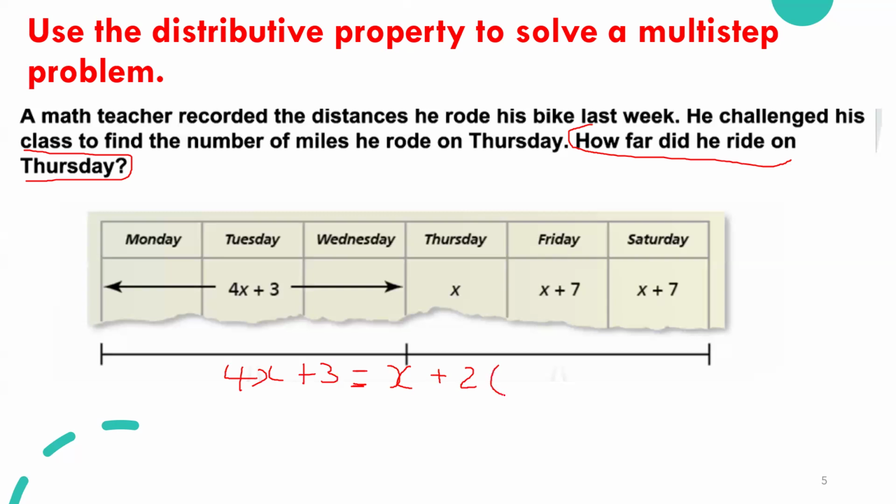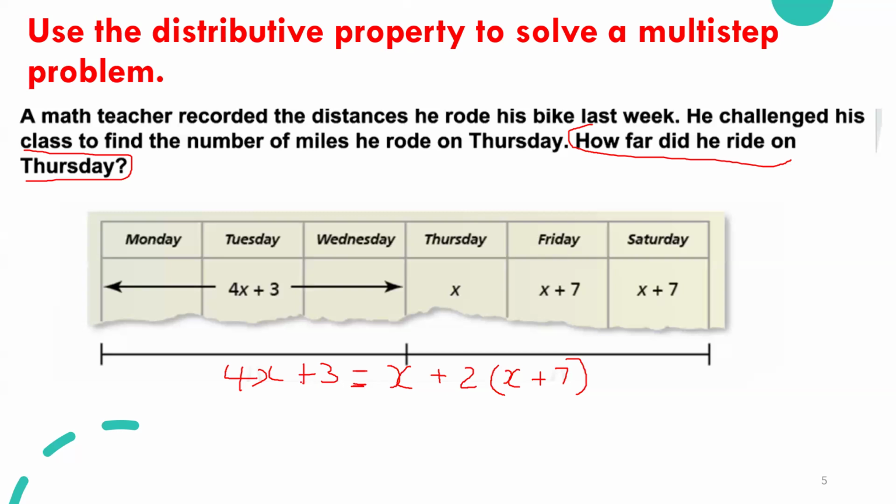And two 7s. And in parentheses, we are going to have x plus 7. Okay, so this is one way of writing it, or we can just write it out as it is in the table. However, I just want to minimize the number of terms here, so it's better to write it like this. So now that we have our equation, right, we are going to solve.